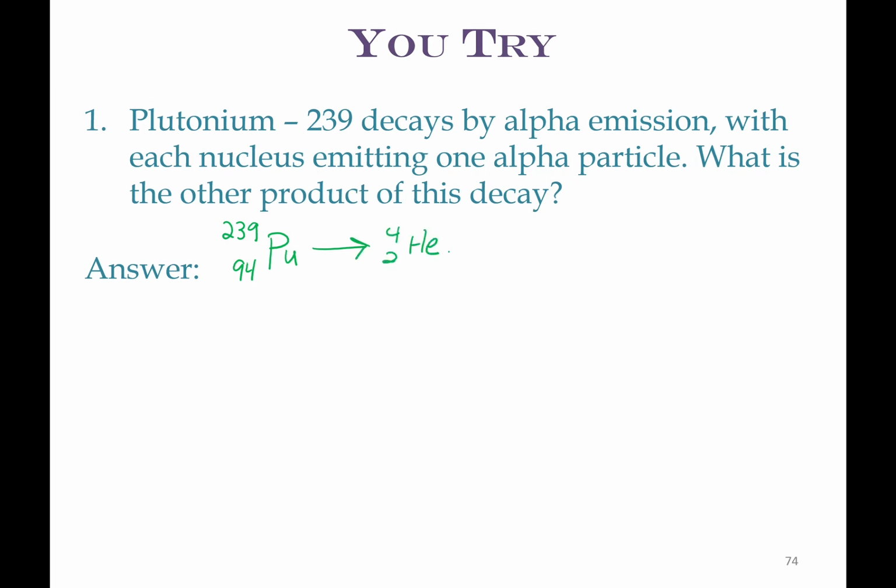So we know that alpha emission is that. What is the other product? 239 minus 4 is 235, and the other one would be 94 minus 2, which would be 92. So this would be uranium-235.